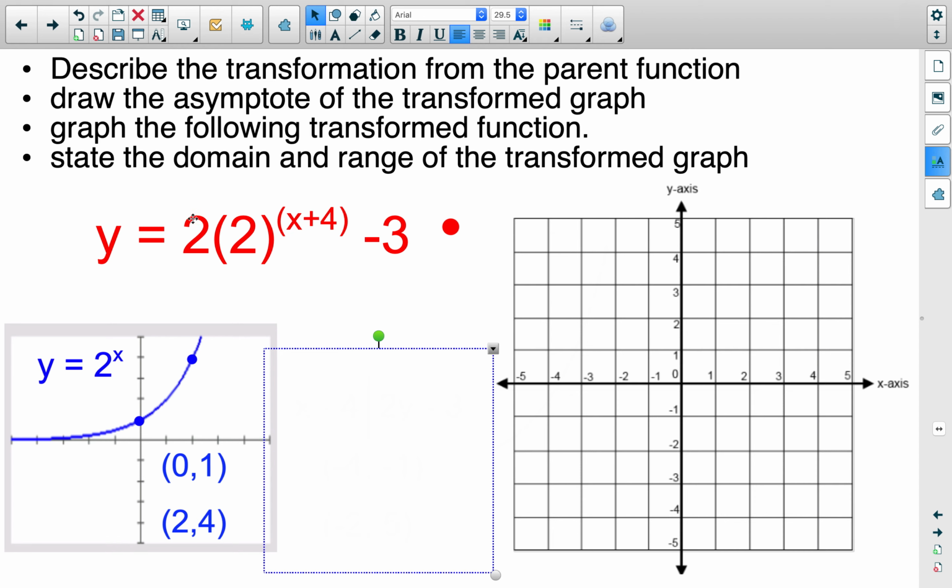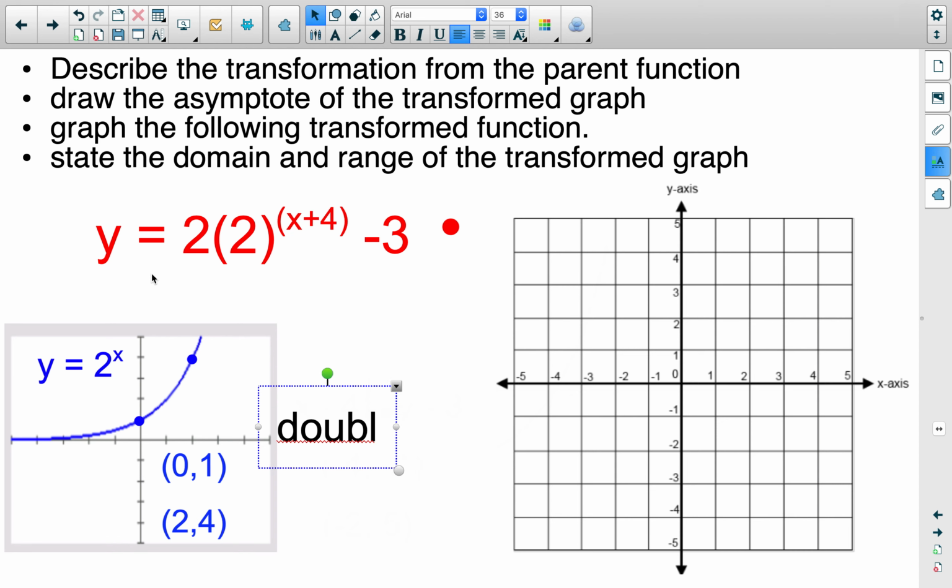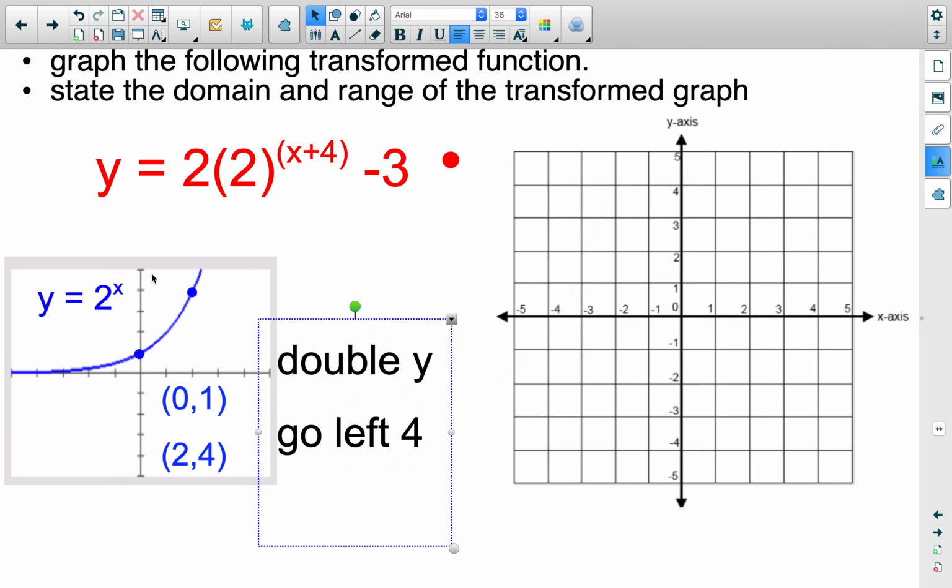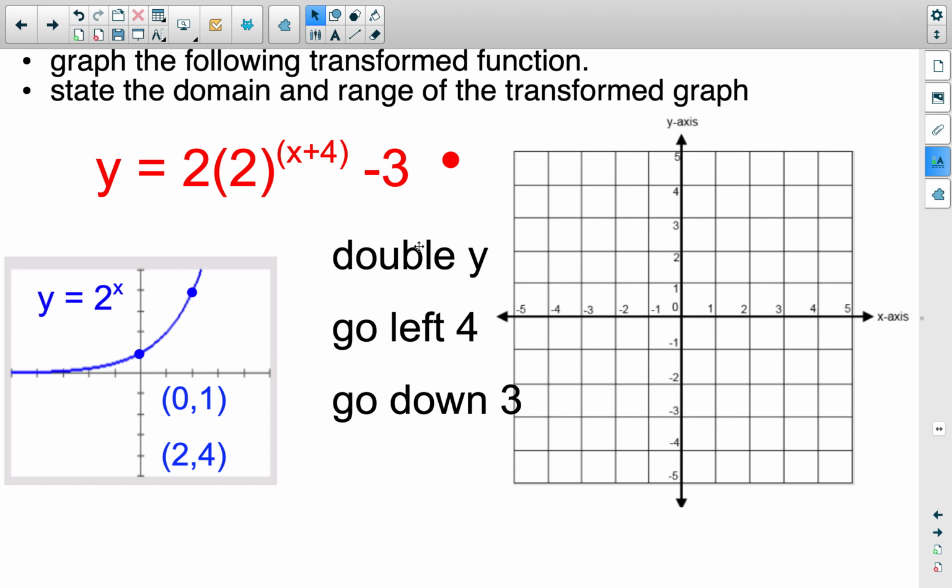And then the multiplier out front, that would be your dilation, so you're going to double your y coordinates as well. So if I type this out, I'm going to double y, I'm going to go to the left 4, and I'm going to go down 3. Those would be my 3 transformations.